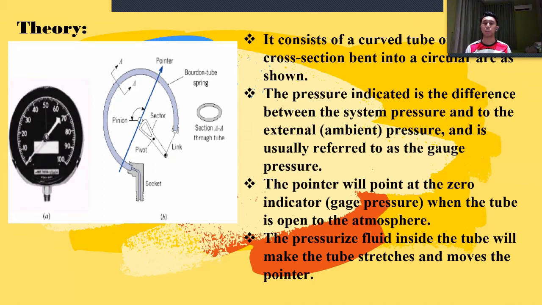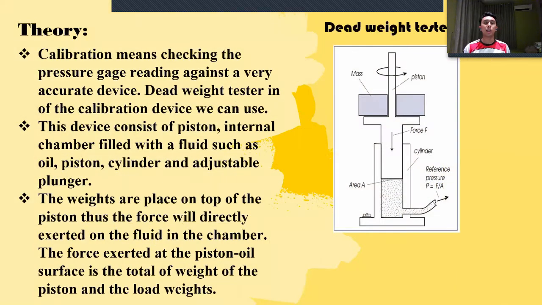So the pointer will point at the zero indicator, which means it is a gauge pressure. When the tube is open to the atmosphere, the pressurized fluid inside the tube will make the tube stretch and move the pointer. So next, calibration means checking the pressure gauge reading against a very accurate device.